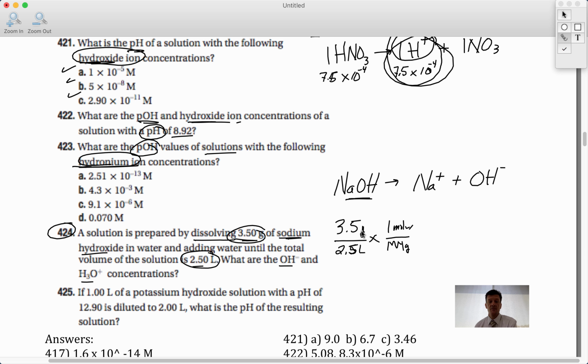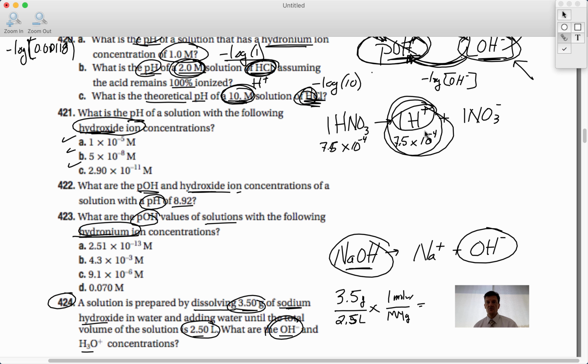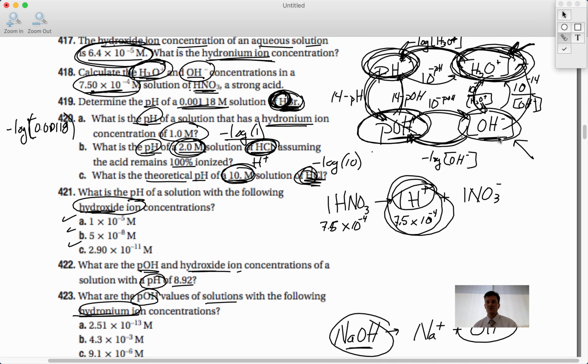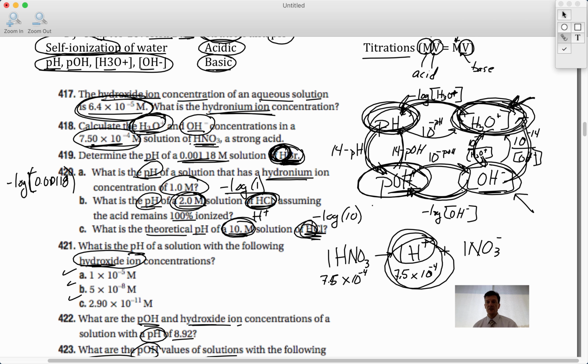You got to figure that out. So now you're going to have the concentration of your sodium hydroxide. That's going to be the same as the concentration of hydroxide. Okay? So now you've got the concentration of hydroxide, and once you have it, you should be able to go to the concentration of hydronium. Okay?